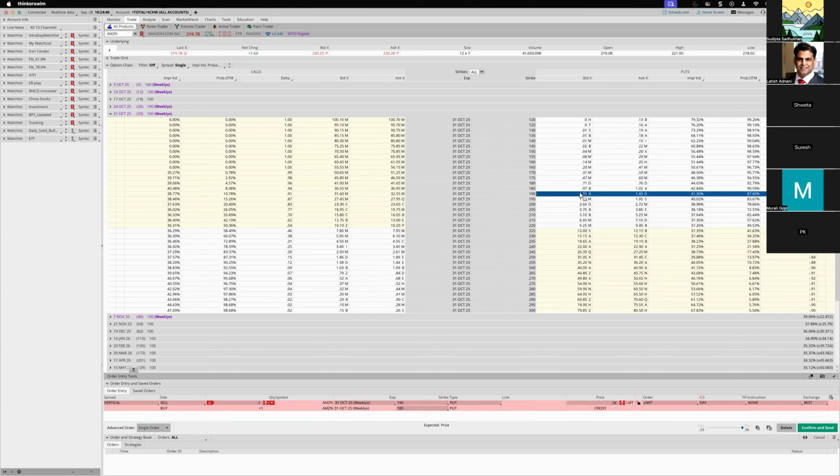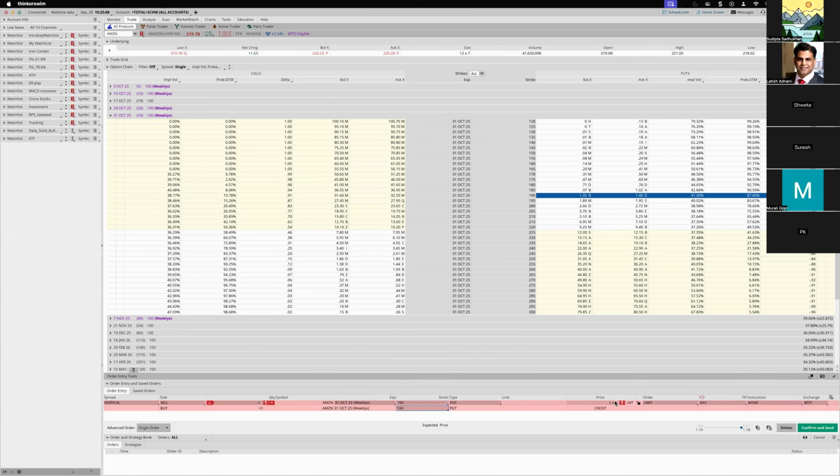We'll sell a put here and buy a further out of the money put. 190, 185, it's taking 185. I will go for 150. Sorry, my bad. 185, or let's say 160. Credit 1.18.